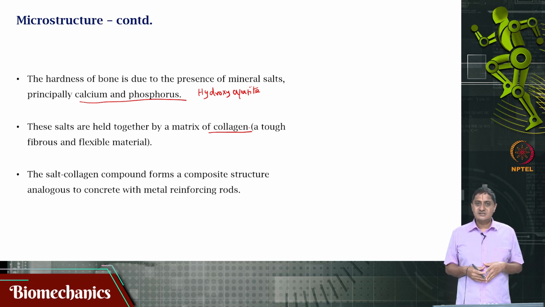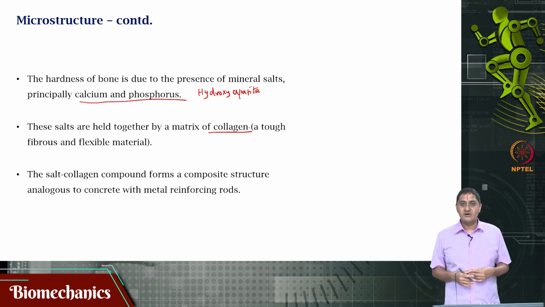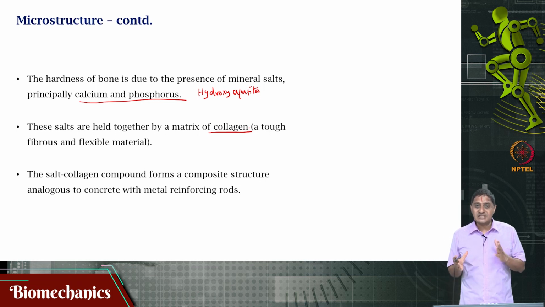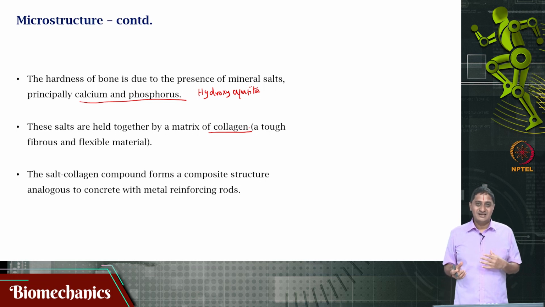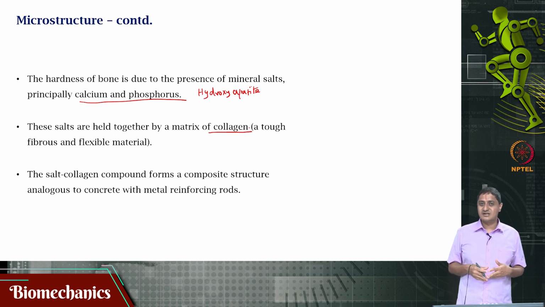Its strength is coming not merely from the cement or not merely from the rods, it is coming from the interaction of these two. So, essentially bone is a composite material. Its properties are coming from both of these, coming from the hard inorganic material, that is hydroxyapatite, and relatively softer, fibrous and flexible material like collagen, which is organic material. These together produce this magic of strength that forms the bone.